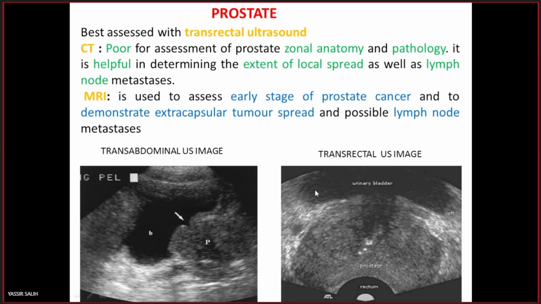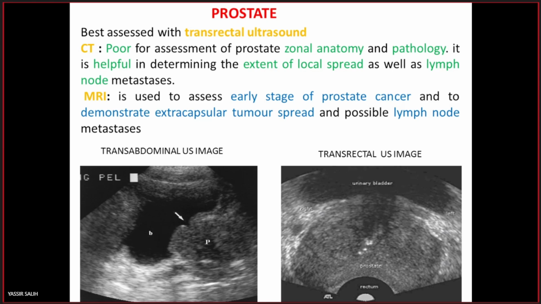Also, CT can be used for assessment of the prostate, but CT is poor for this. Why? Because the zonal anatomy and pathology cannot be displayed well by CT. It is poorly demonstrated by CT.